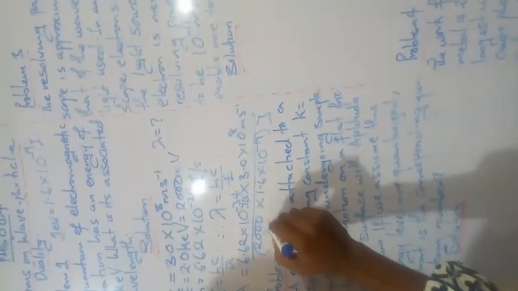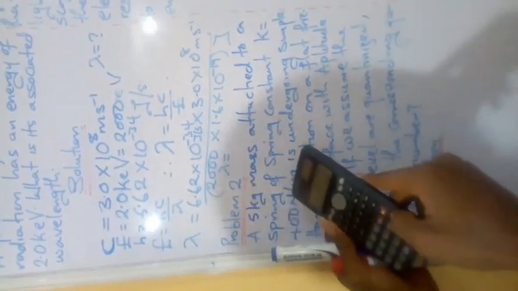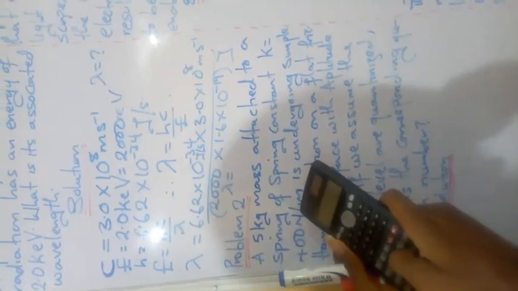So with that now, we should get our value. Our lambda will now become, using the calculator, 6.62 times 10 raised to the power of minus 34, then times 3 times 10 raised to the power of 8, divided by 2,000 times 1.6 times 10 raised to the power of minus 19.